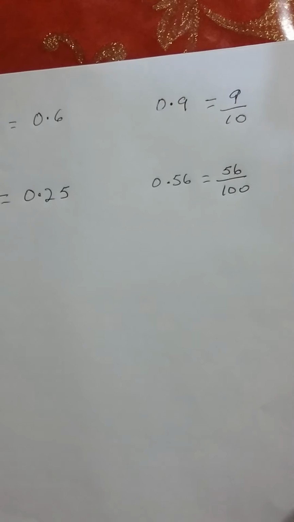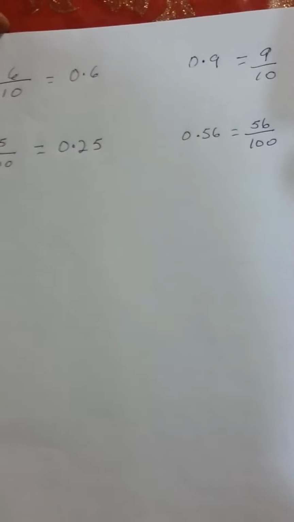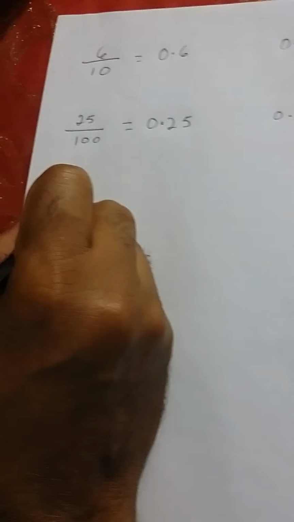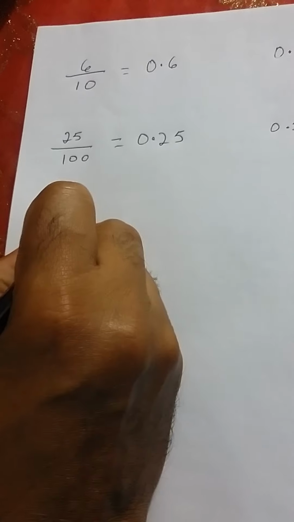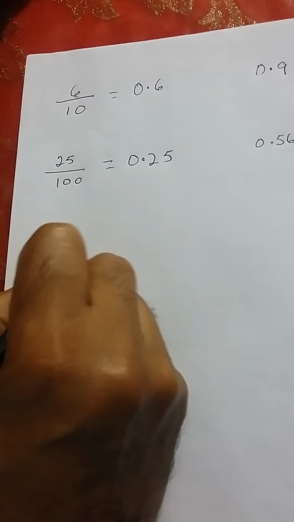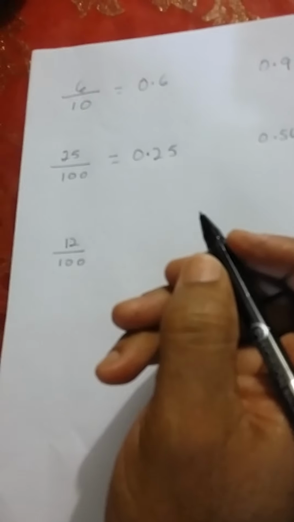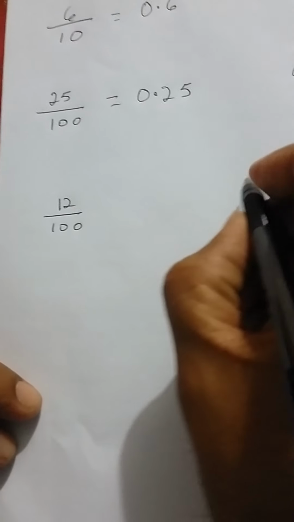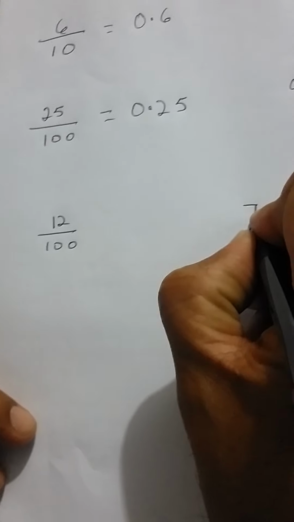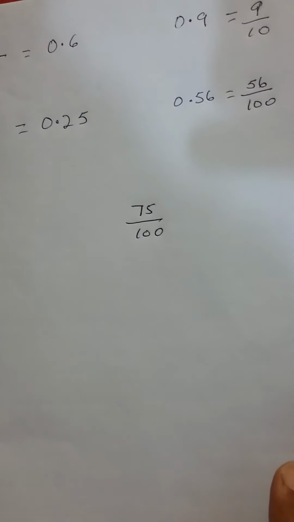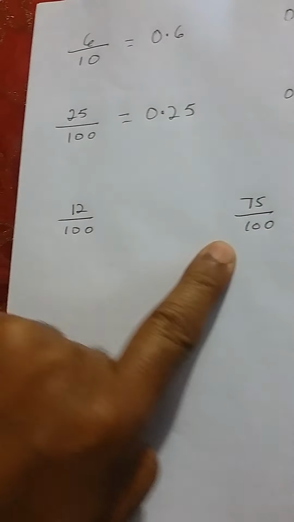Now today we want to look at fractions out of 100. We are talking about hundredths. Like if we have 12 out of 100, or 75 out of 100, 12 hundredths, 75 hundredths.